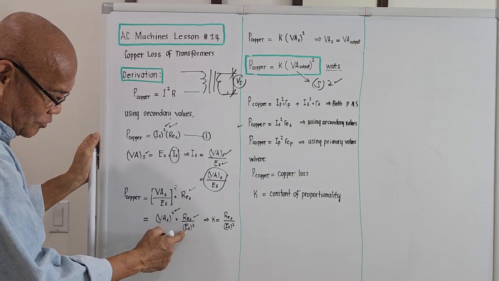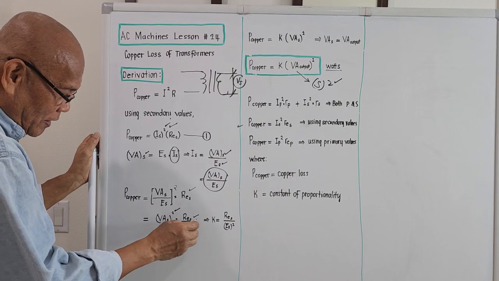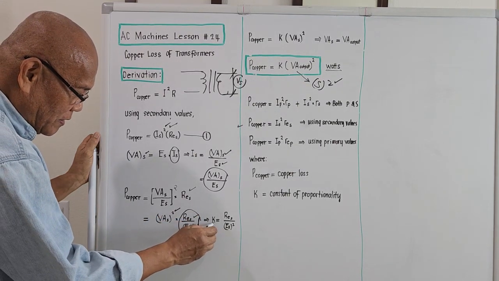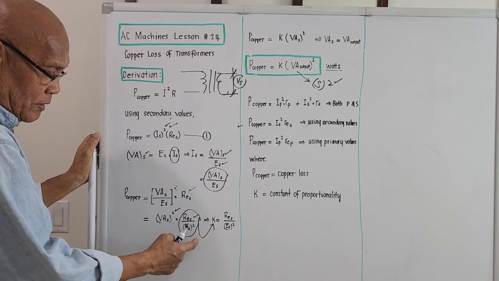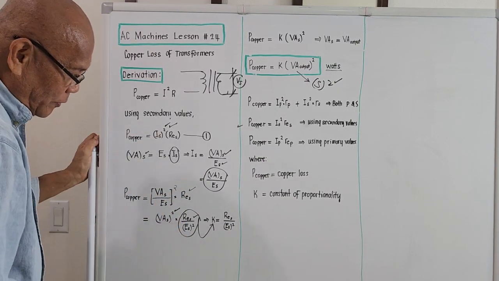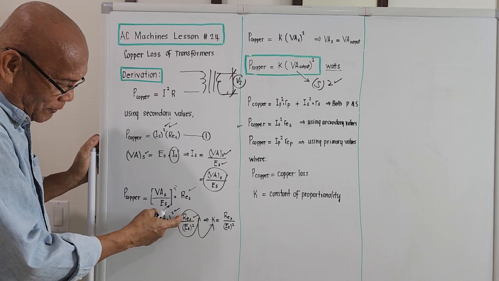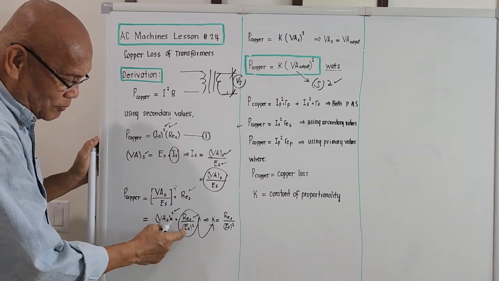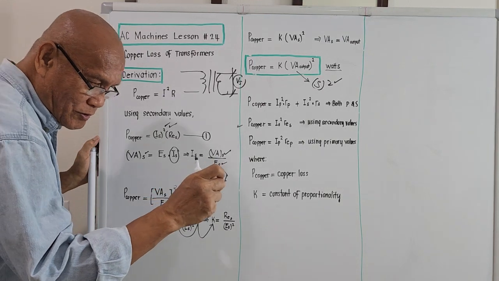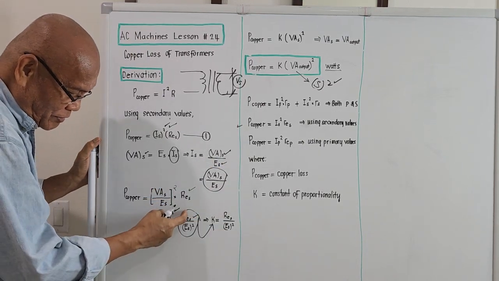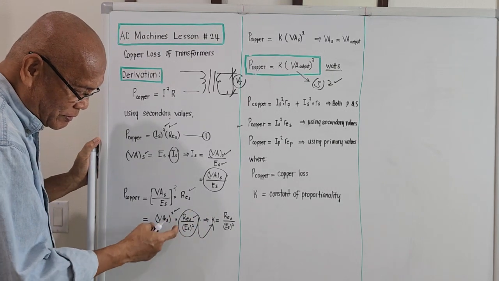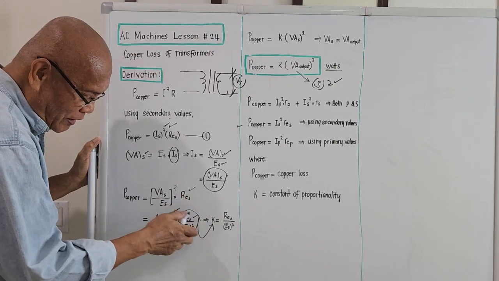So this should be E sub S quantity squared, and we will represent this one as simply K. For any transformer, the equivalent resistance on the secondary is constant. The induced voltage on the secondary is also constant. So a constant over a constant will still be a constant.